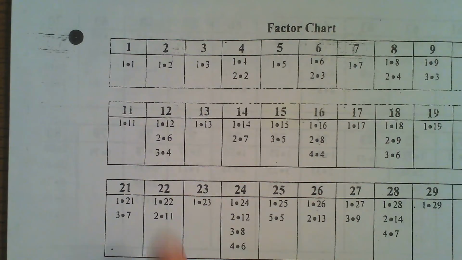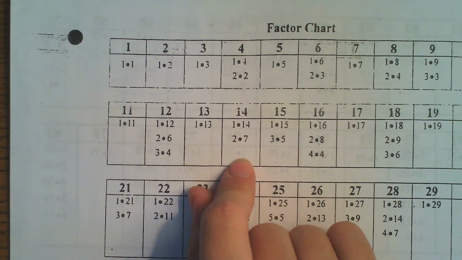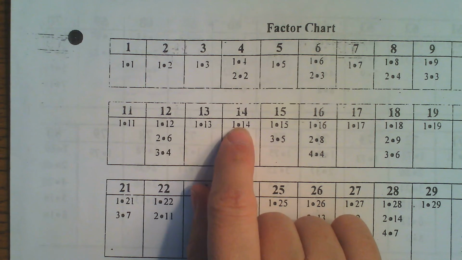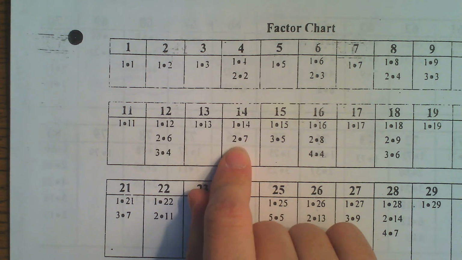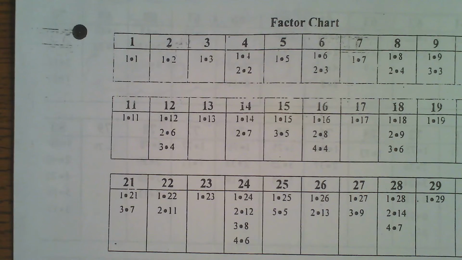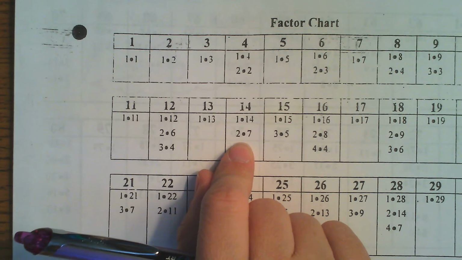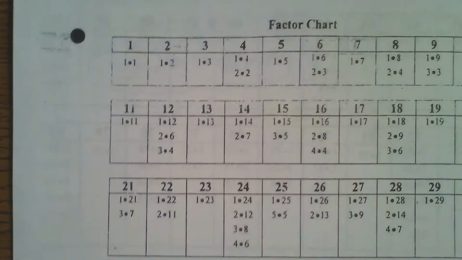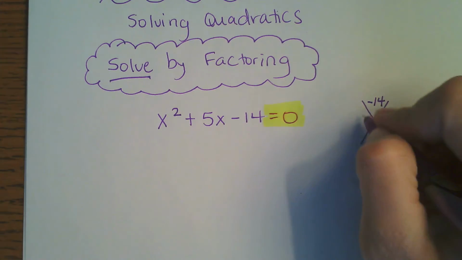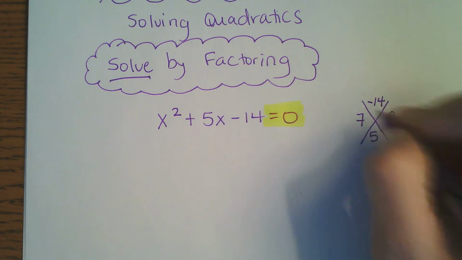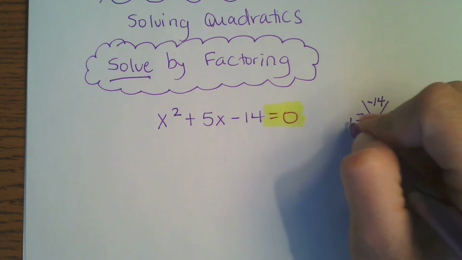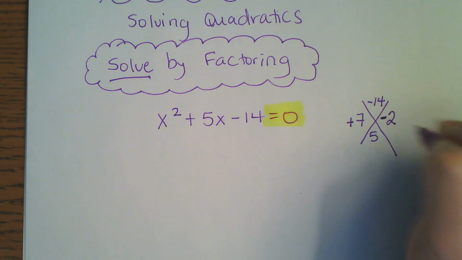So I highly recommend a factoring sheet for you guys to help you with this process. So the factors of 14 are 1 and 14, or 2 and 7. So which pair of numbers will give me a 5 if I combine them just right? 7 and 2. Okay. And because it's a negative 14, one's going to be positive and one's going to be negative.